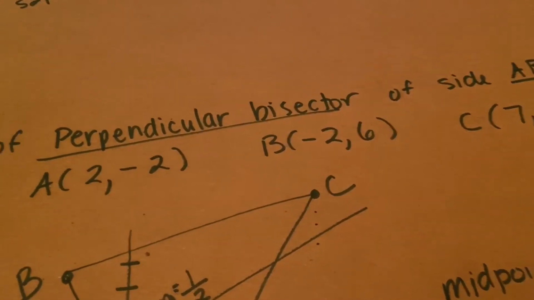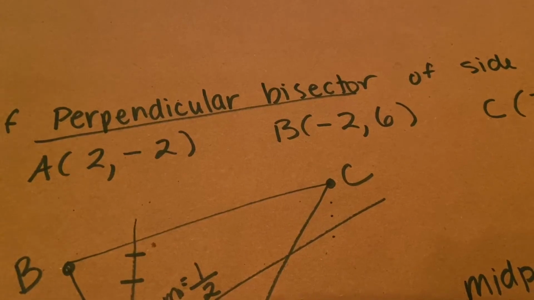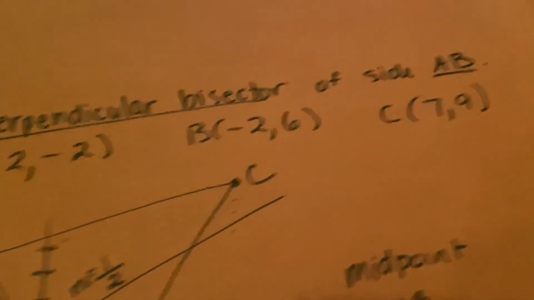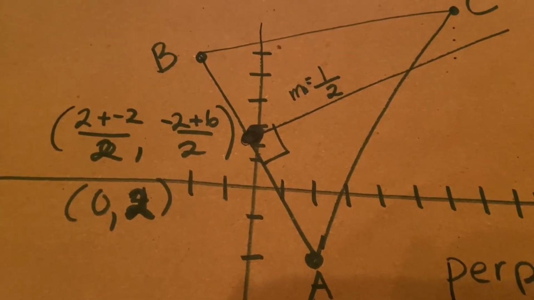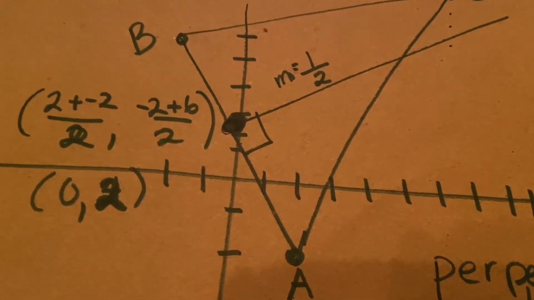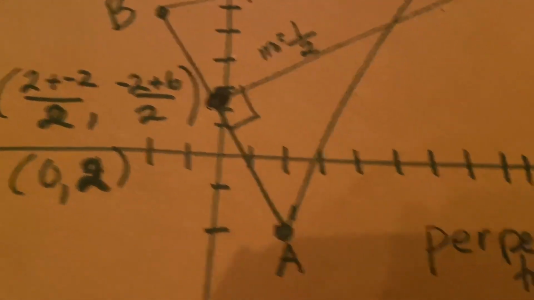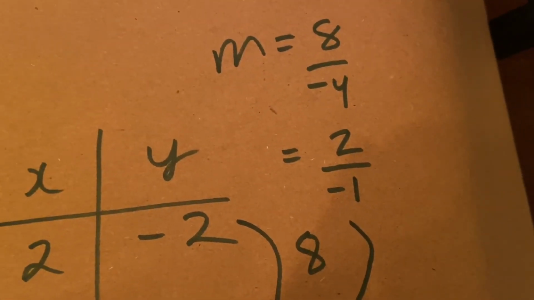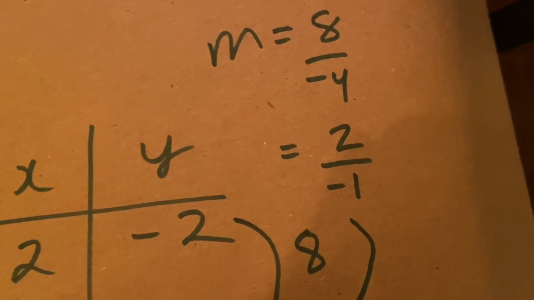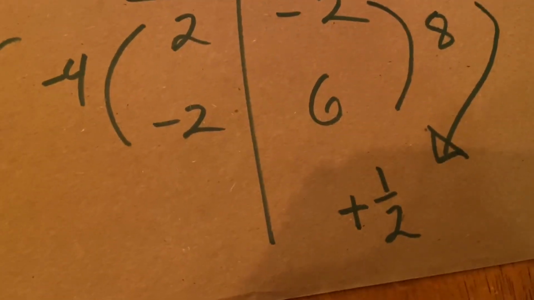So our job was to find the perpendicular bisector. We had to bisect AB, so we had to find the midpoint. We did that first. We needed our perpendicular bisector to be perpendicular to BA, so we found the slope of BA. And then since our perpendicular bisector was perpendicular, the slope has to be the negative reciprocal.